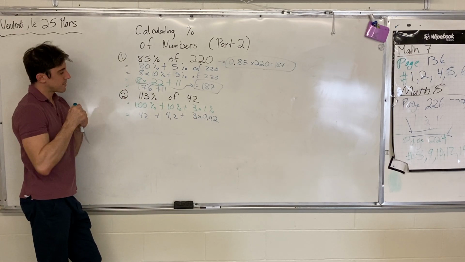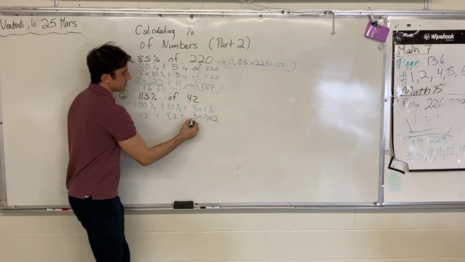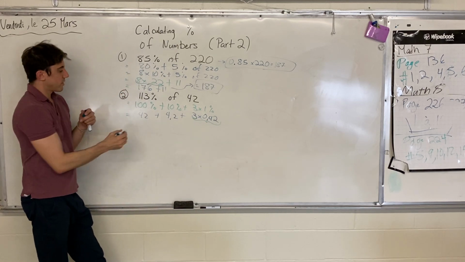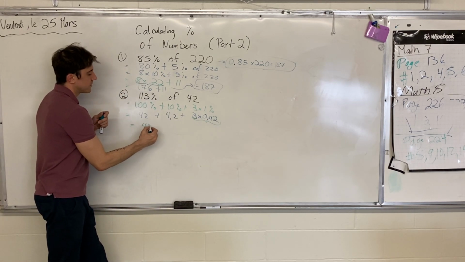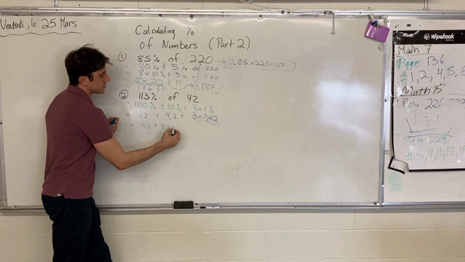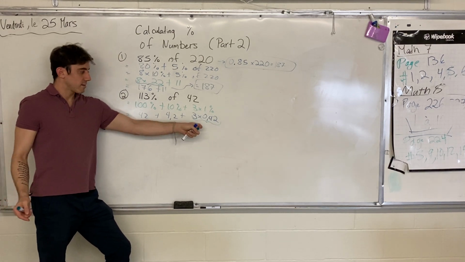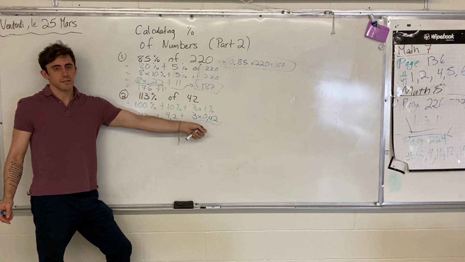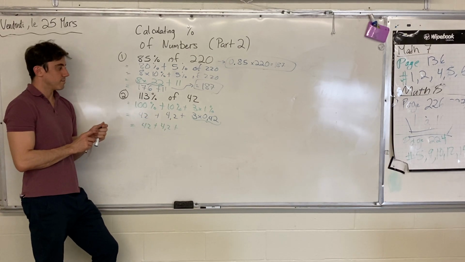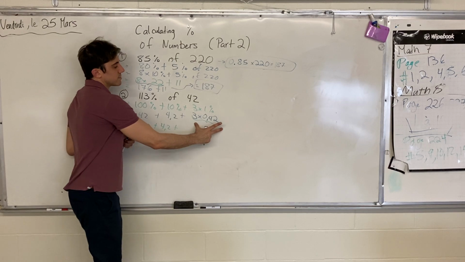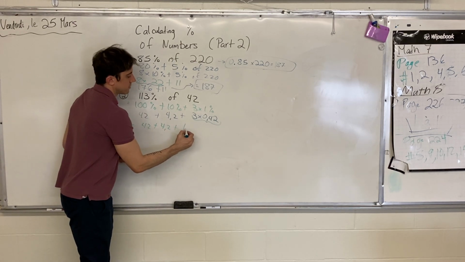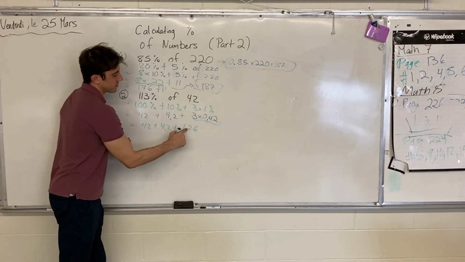Now again, going one step at a time, we have addition and multiplication. Our order of operations still matters. So we have 42 plus 4.2 plus 3 times 0.42. Feel free to use a calculator for something like this, or if you want to practice doing that mentally, I encourage you to do so. 3 times 0.42 gives us 1.26. Sorry, that's a point.